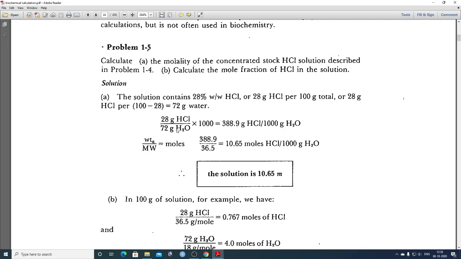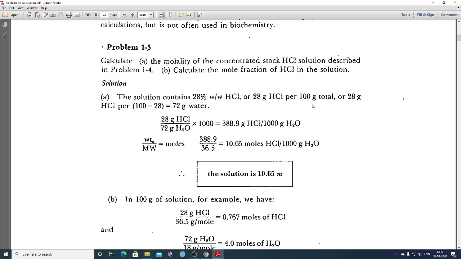So the solution is 28% weight by weight HCl, that is 28 gram HCl per 100 gram total, with 72 grams of water. So our HCl is not 100% pure, it is 28% weight by weight.